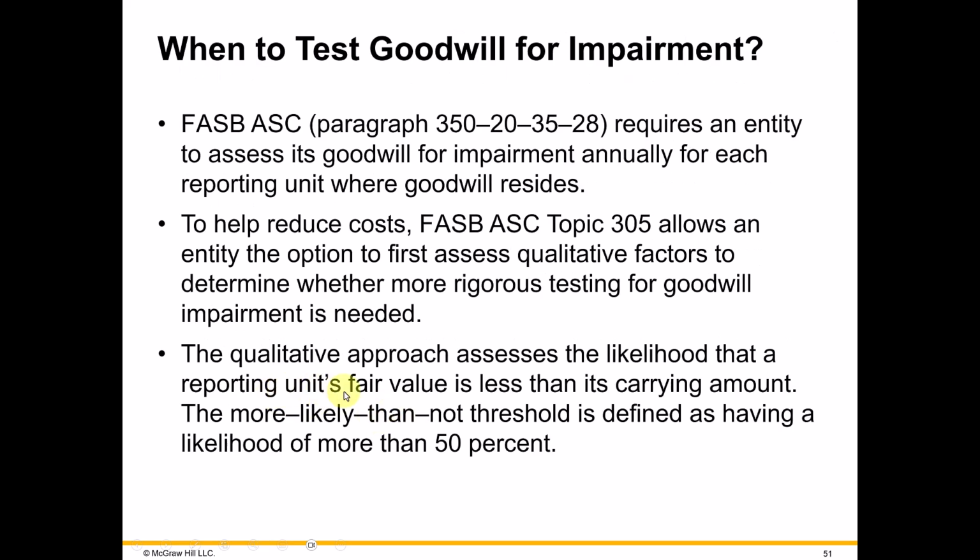And if the value of the net assets in that reporting unit, that's called carrying value, is less than what it's worth, fair value, then you have an impairment for that unit. Keeping in mind that the carrying value should have its share of goodwill assets in it.